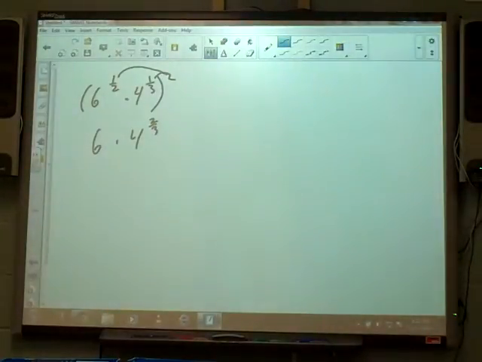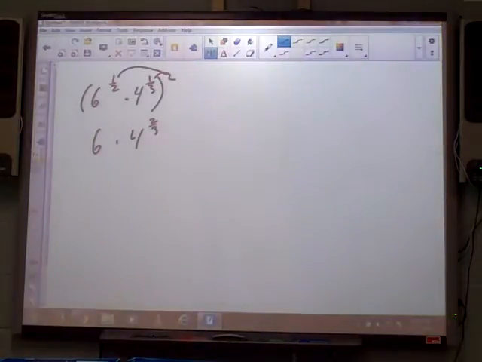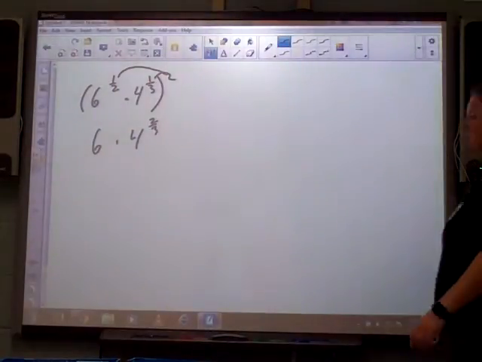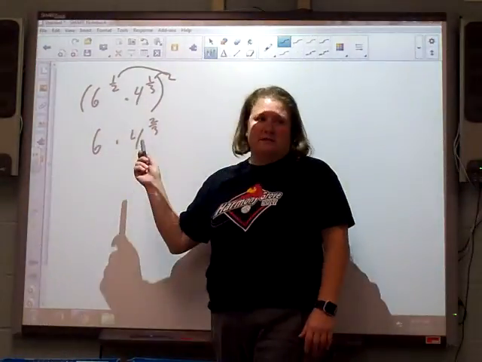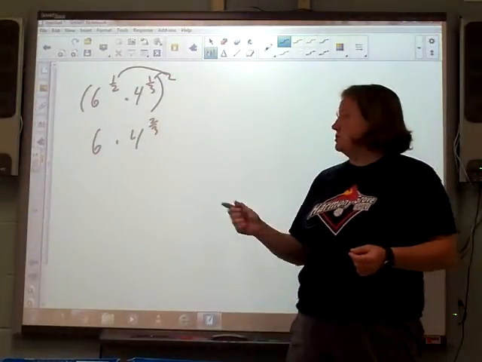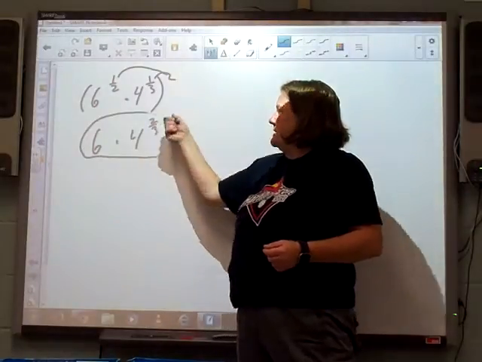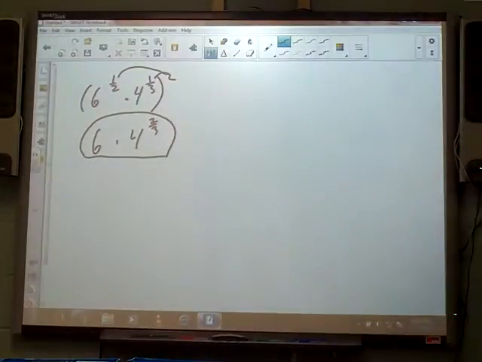Okay, now what do we got? Do I have a product rule here? No, I don't. Stephen's right, because the base is not the same. This is a 6 and this is a 4. That's not the same, so I can't just add my powers. So this is my answer. Wait, so you wouldn't multiply it?